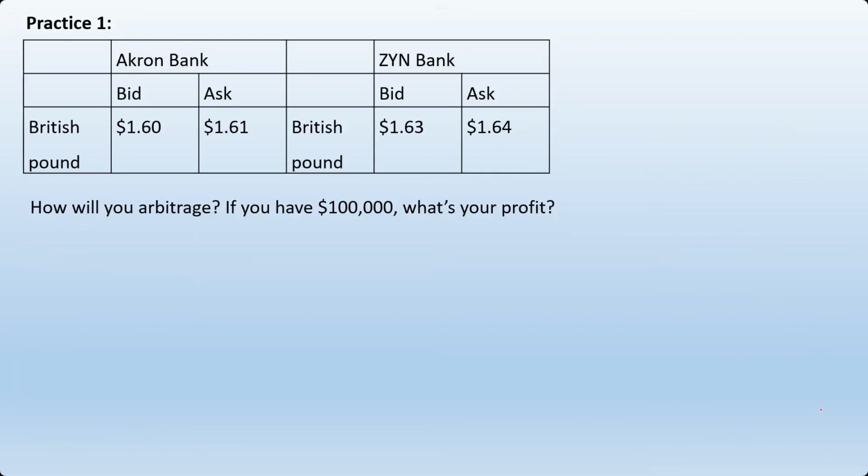So we have some practice. The first one is locational arbitrage. We have April Bank and ZYF Bank. If you have 100,000 US dollars, how do you profit? I'm going to give you a little time.